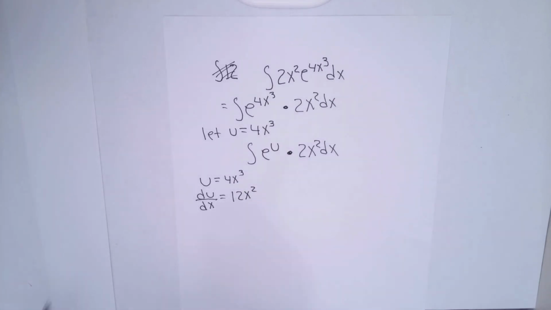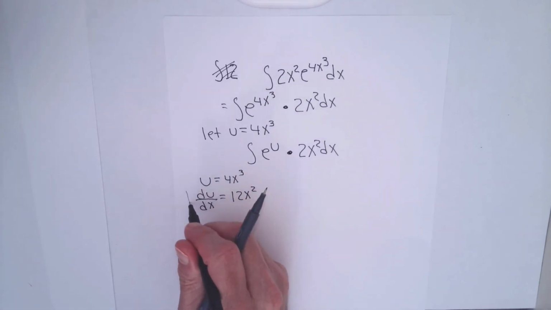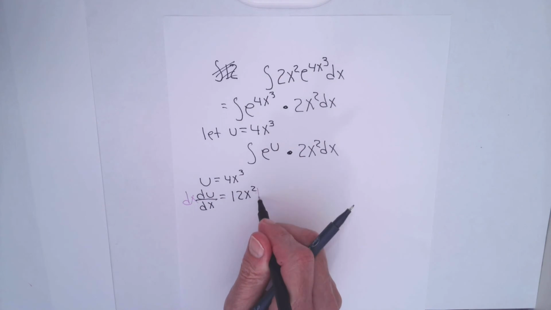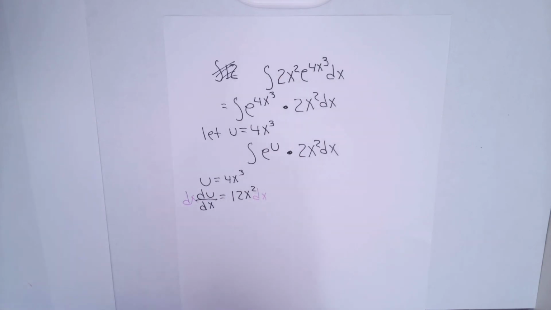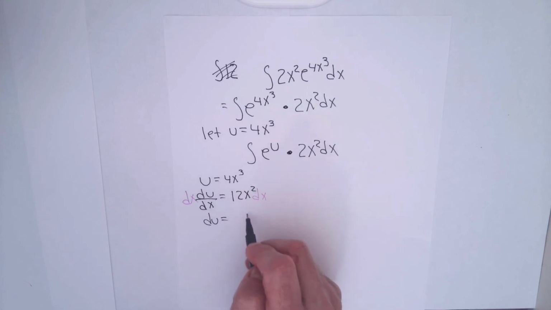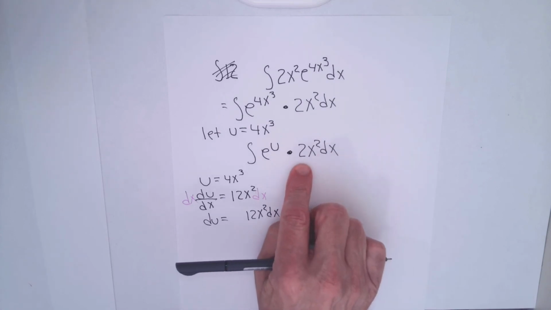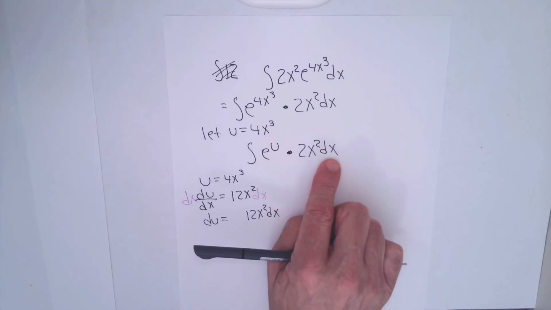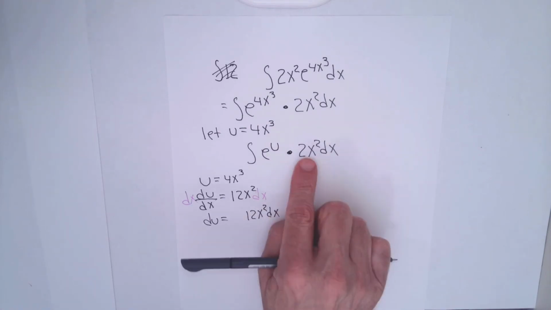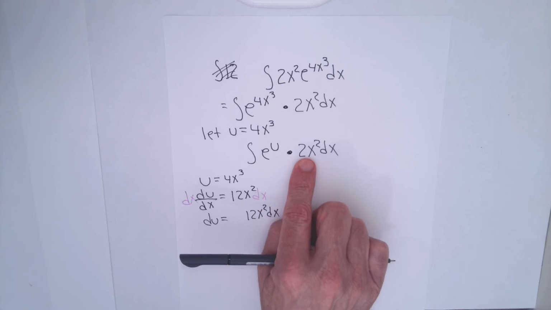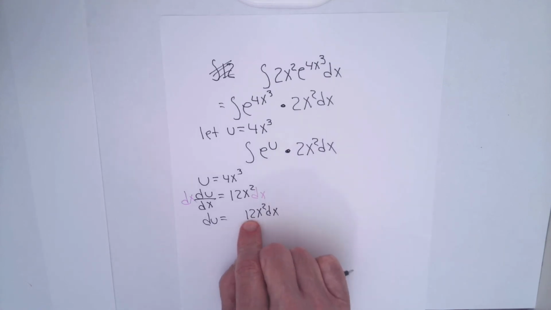I'm going to multiply both sides by dx. That's going to give me du equals 12x squared dx. This is not good. I see the x squared dx, that's good, but this 12 and this 2 aren't the same. So how do I get this 12 to be a 2?